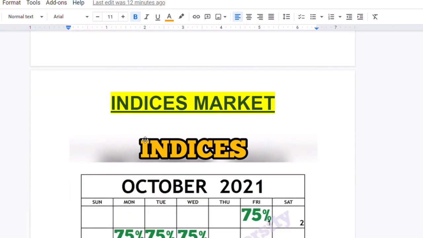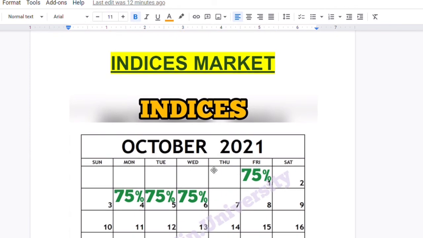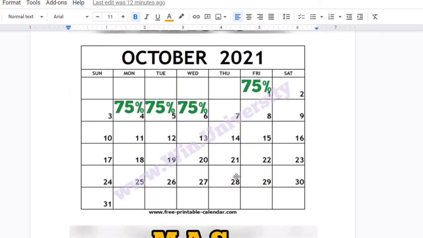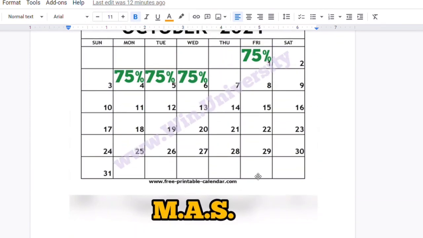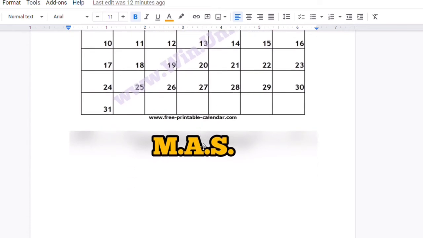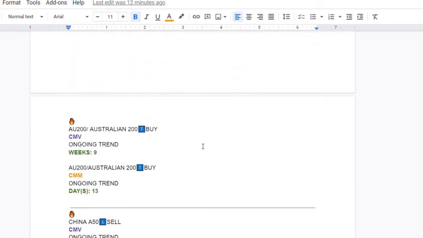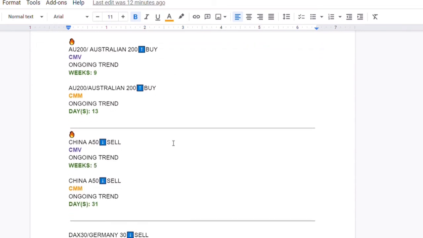Now, last but not least is the indices market, which is probably the most consistent of all the markets. This is the market that takes an index of the stock markets around the world, like business stocks like Apple or Microsoft, things like that, tech stocks, and different industries.